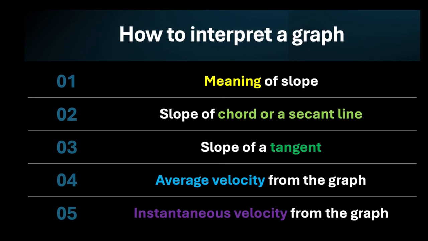We will go through these topics: meaning of slope, slope of a chord or a secant line and of a tangent, and then how to calculate average velocity and instantaneous velocity from the graph. Yes, it would be good if you can make a note of this and then expand each point here.